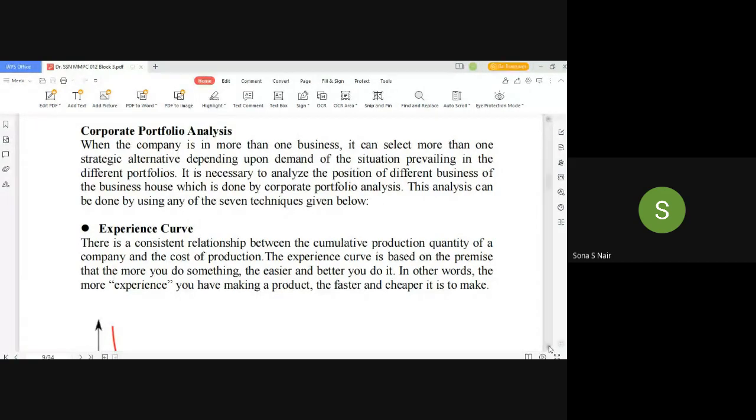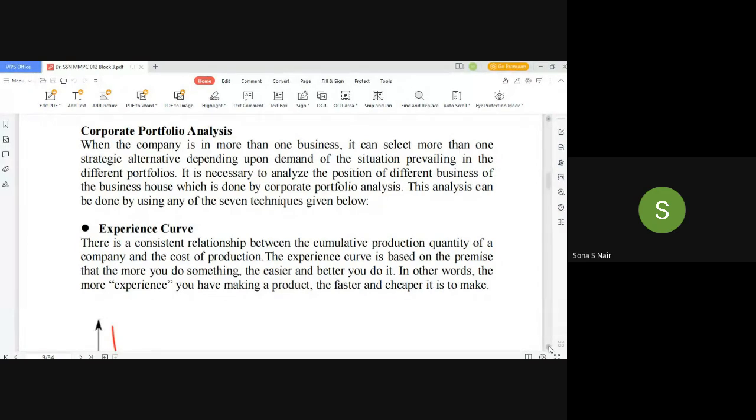So the organization should have some kind of a tool which can help it decide which SBUs need to be advanced and which SBUs need to be brought down, as far as scale is concerned, as far as resources are concerned, right?